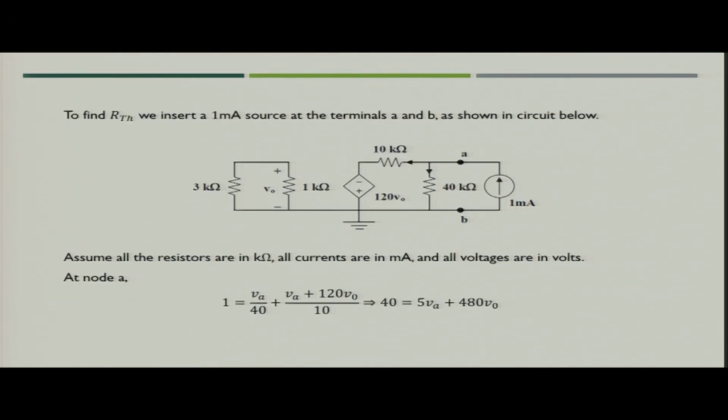So, here we are adding a 1 milliampere current source across the terminals A, B.